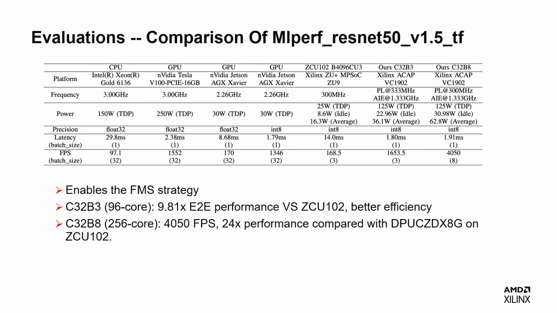When the batch size increases, the FMS strategy keeps the model cycles stable. Furthermore, we have explored the C32B8 configuration. Its performance reaches up to 4050 FPS, which achieves 24 times performance acceleration compared with ZCU102.